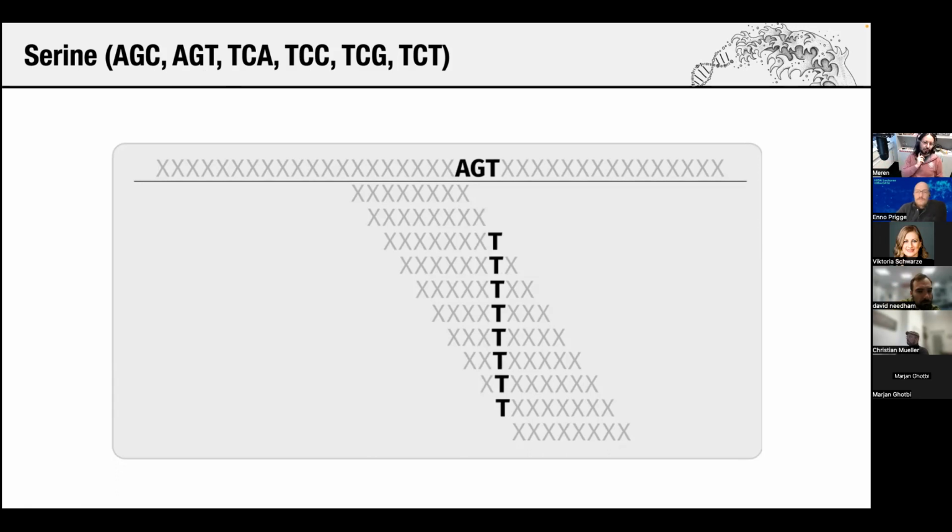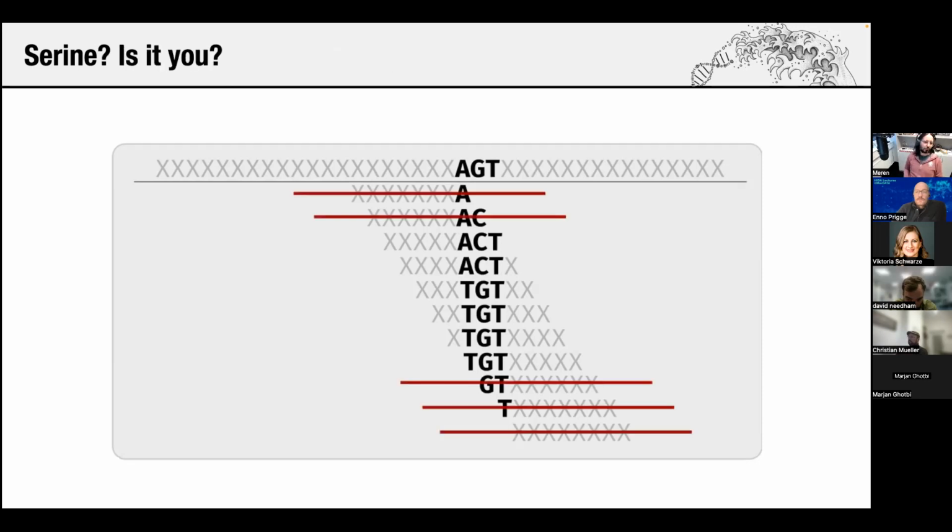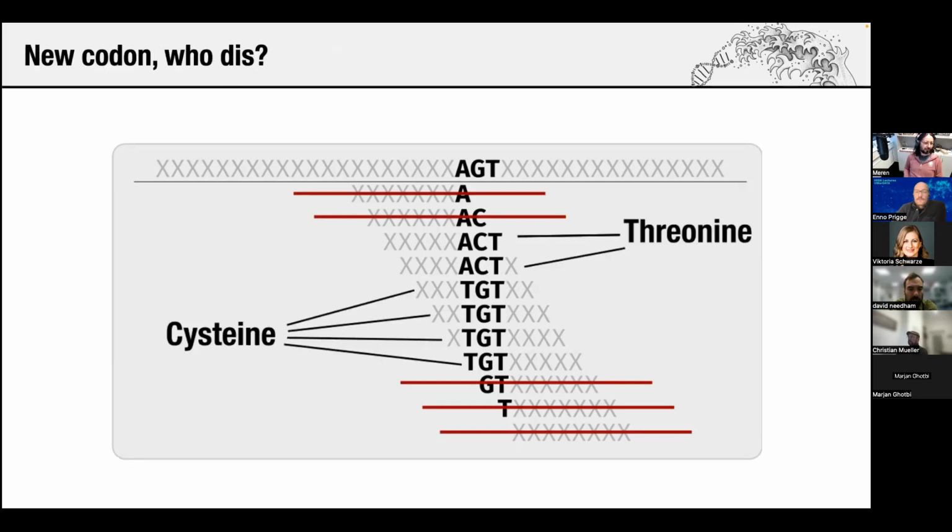So, okay, but synonymity is not a property of nucleotides, but codons. So what we did, we decided to focus on the entirety of these metagenomic short reads that fully map to a given codon position by discarding the rest, and then looking at the frequencies of those codons and see which identities they resolve.